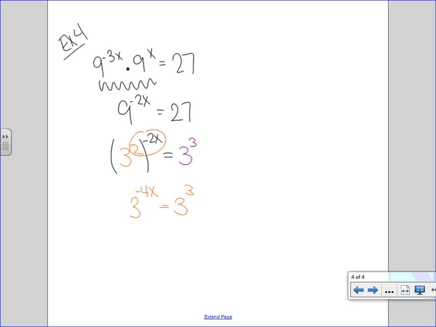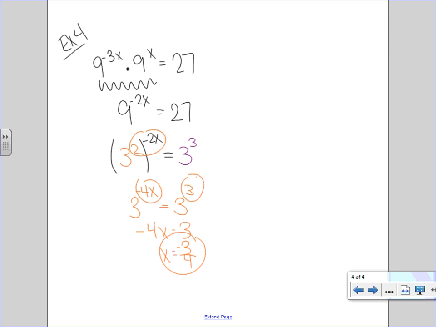And now, both sides are simplified. Both sides have the same base. So now I can take this exponent and set it equal to this exponent. Negative 4x is equal to 3, or x is equal to negative 3/4.